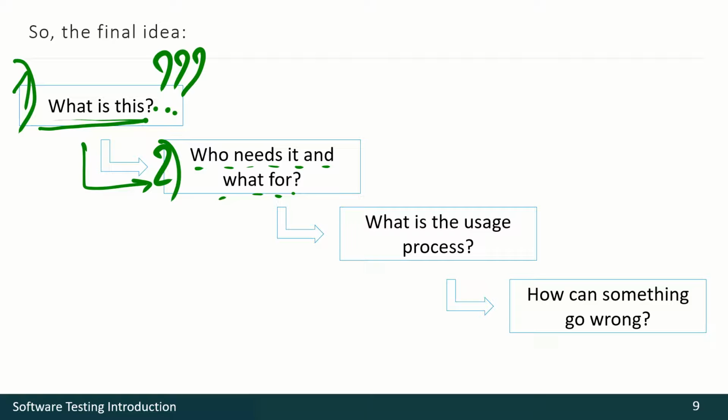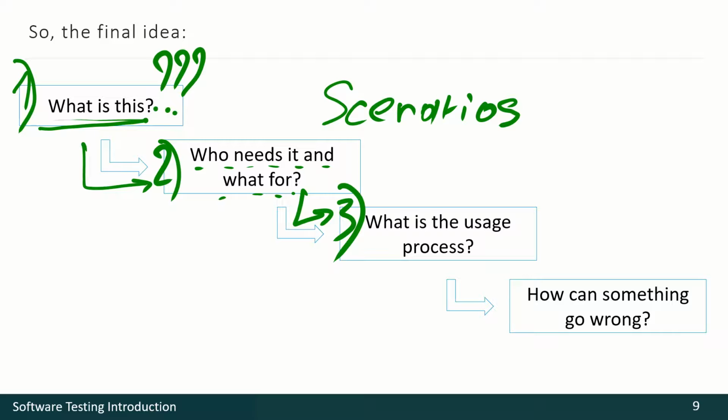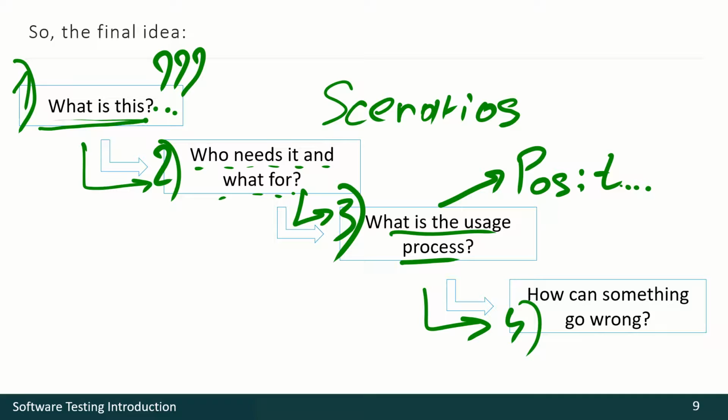Here we usually see good scenarios. The next question is what's the usage process? Here we usually see positive tests. And the last question is how can something go wrong? Here we usually see negative tests.